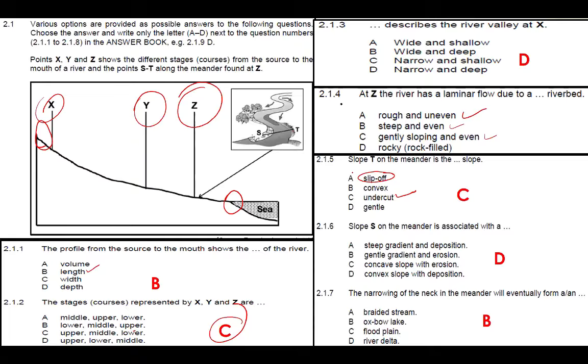That is where it is shallow. At S, this is a slip-off, and this one over here is the undercut. This one is going to be gentle, and this one over here will be convex as well.